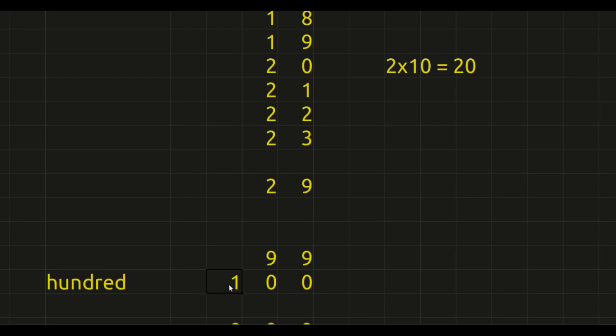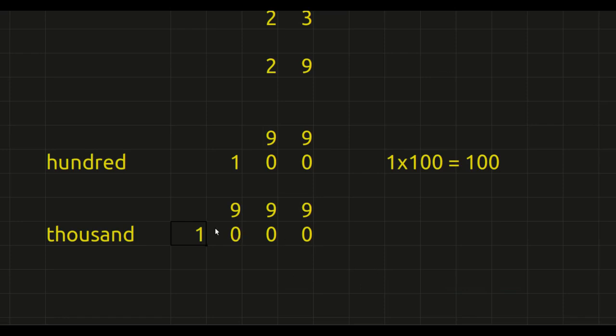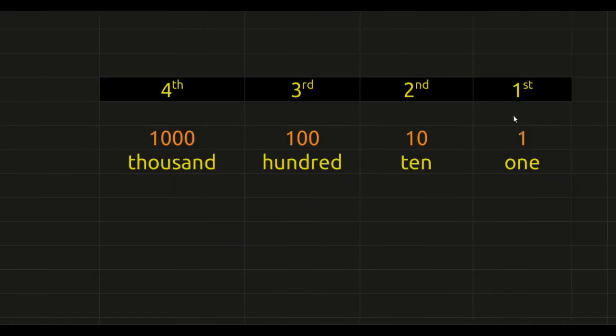So for this number we have 1 hundred, 0 tens and 0 ones. So that is 1 into 100 is equal to 100. And similarly, the fourth digit represents how many thousands we have. So in the decimal number system, the first digit represents how many ones we have, the second digit how many tens, the third digit how many hundreds, and the fourth digit how many thousands we have, and so on.